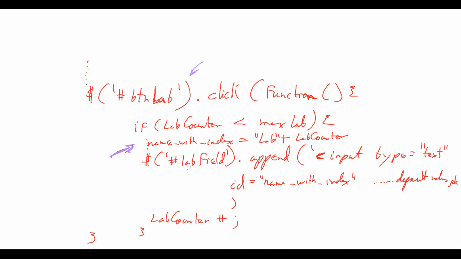So you would do quiz field append, and then everything else, right? Everything that goes in here, creating the text box, input type text with the ID, where the ID needs to be something like that. You need to craft that basically. And that's it.